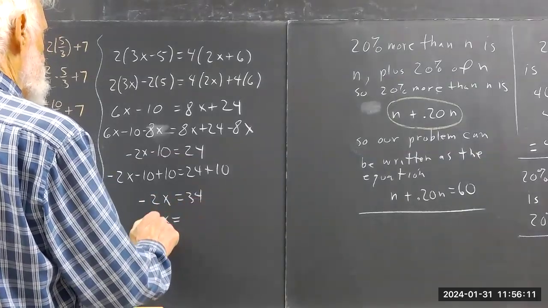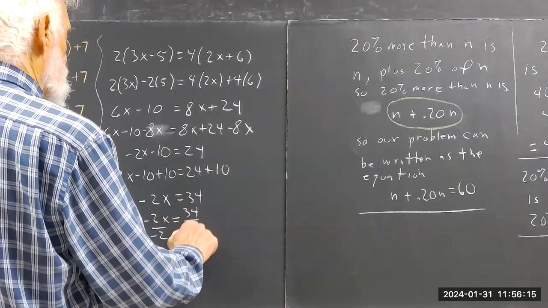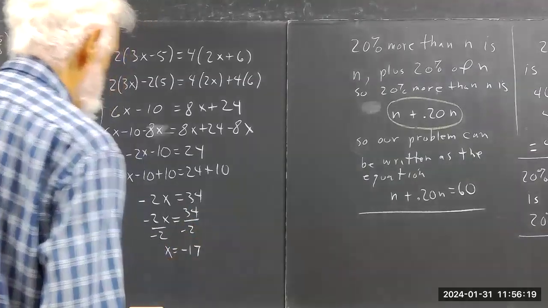X equals, well, negative 2x over negative 2 equals 34 over negative 2. X equals negative 17.